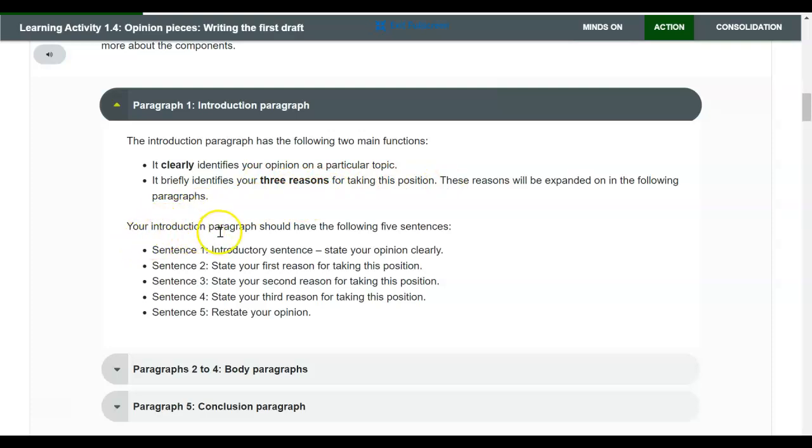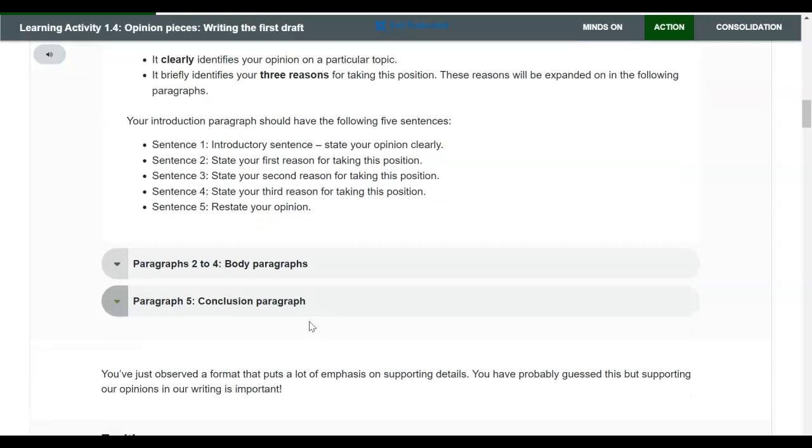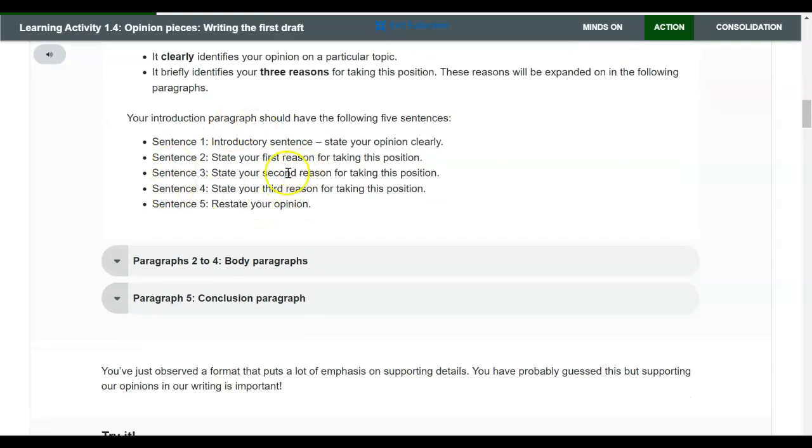Your introduction paragraph should have the following 5 sentences. The introductory sentence, which is your opinion. The second sentence is to state the first reason for taking that opinion. In sentence 3, state your second reason for taking this position. Fourth, state your third reason, and your 5th sentence is to restate your opinion. And that is your first paragraph.